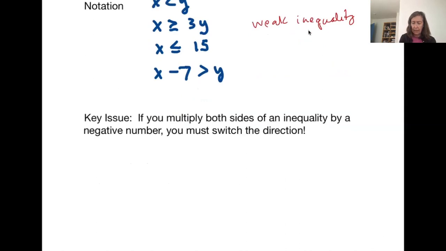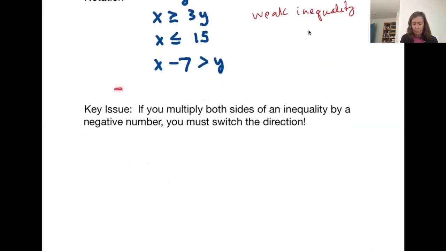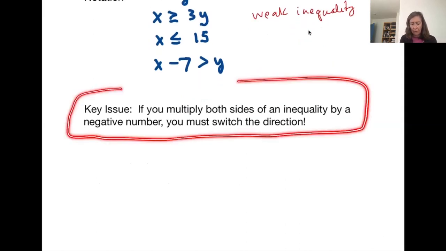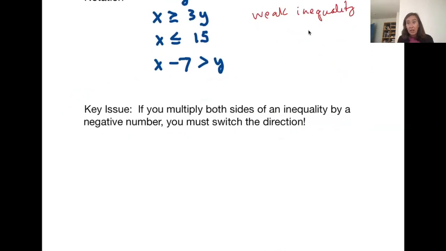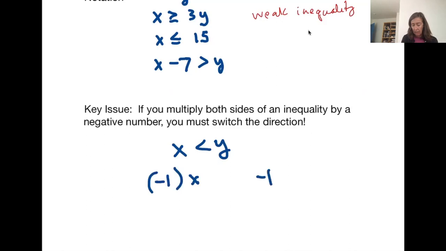Okay, so this key issue with inequalities. If you multiply both sides of an inequality by a negative number, you switch its direction. Okay, so if we start off here with x less than y, and I want to, for some reason, multiply through by -1, so I'm going to say -1 times x and -1 times y here, I'm actually switching the direction.